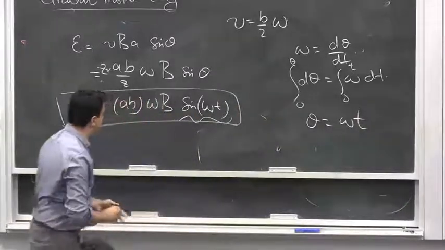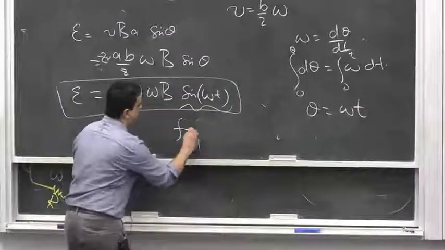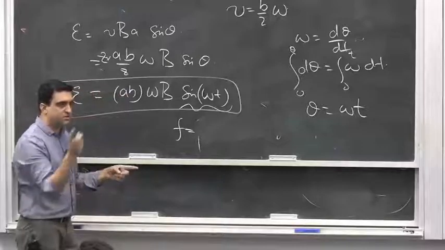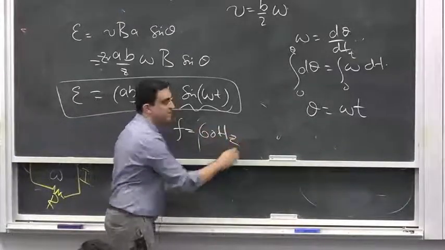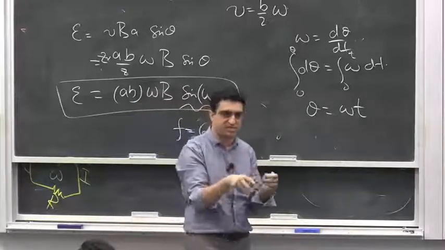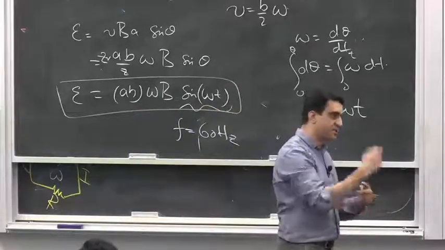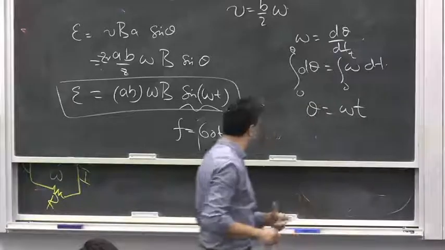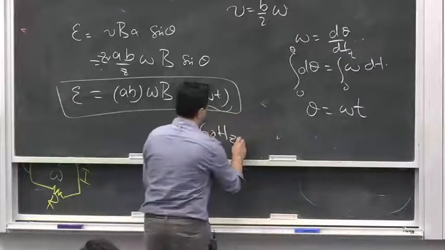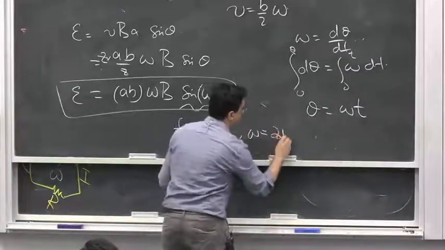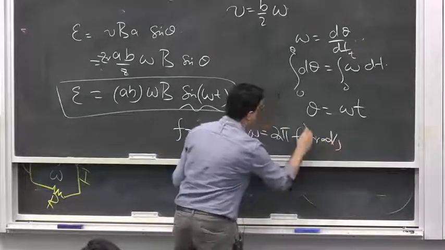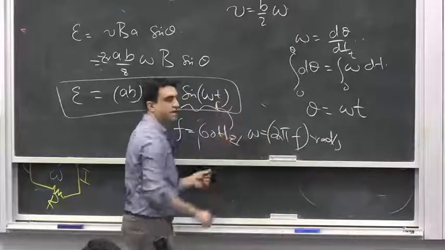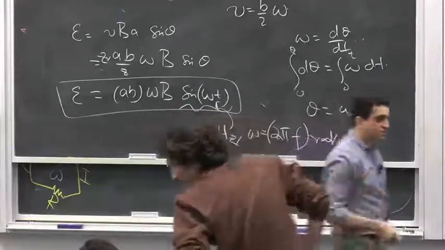Let's say the frequency with which you are rotating is 60 Hertz, which means you are giving it 60 revolutions per second. Let's say a certain generator is rotating it at 60 revolutions per second. Then omega is given by 2 pi f radians per second. That would be the omega which goes in there, and that would be the EMF which you would have.